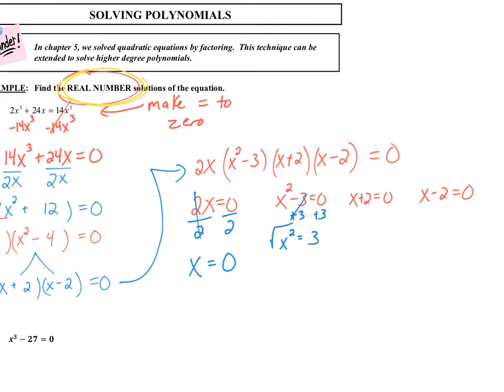Take the square root, because we're solving for x now, x equals plus or minus square root of 3. That's a real number, or real numbers, because there's no i, there's no imaginary. The next one, you'll subtract 2 to get x alone, so x equals negative 2. And the last one, we add 2, and we get x equals positive 2.